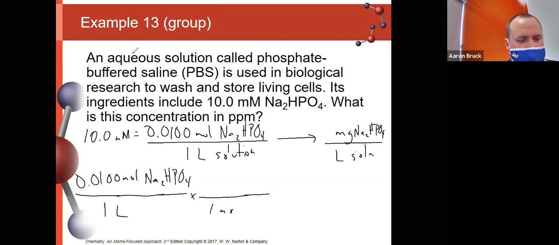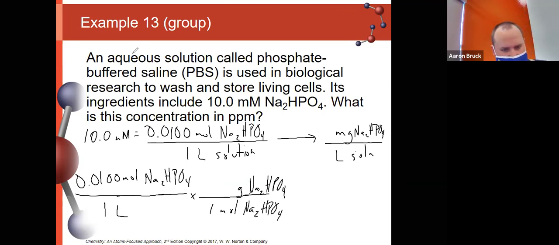One mole of sodium monohydrogen phosphate. I'm going to need a molar mass. Sodium, 22.99 times 2. Hydrogen is 1.01. Phosphorus is 30.97. Oxygen is 16, and there are 4 of them. 141.96 is the molar mass.